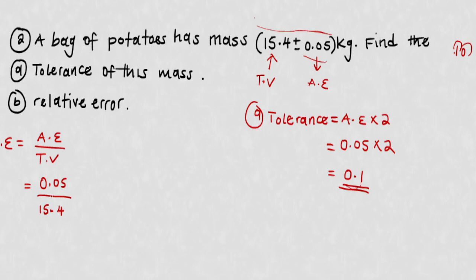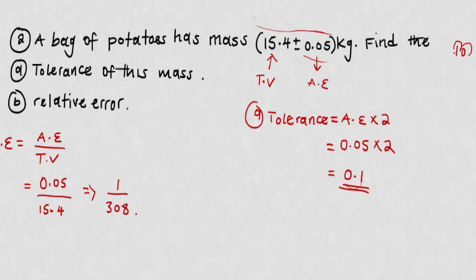When you divide these two, we're going to leave it as a fraction because it will be difficult to leave this as a decimal. We can easily get rid of the decimal point, then leave it as a fraction. When you reduce this, the final answer will be 1 over 308.